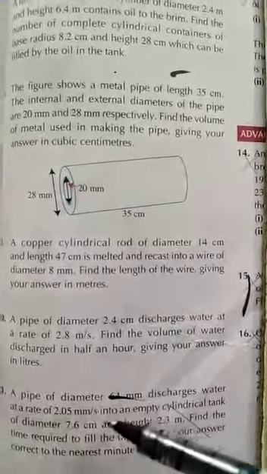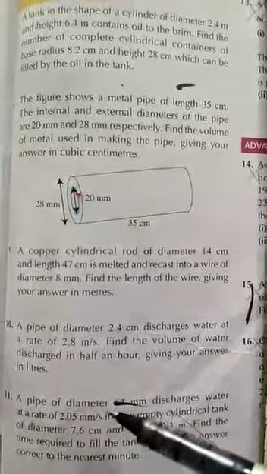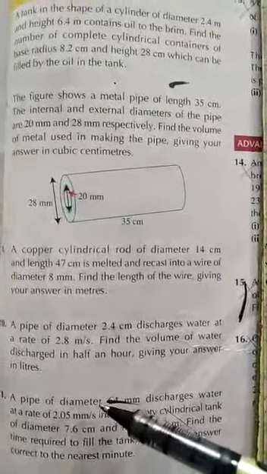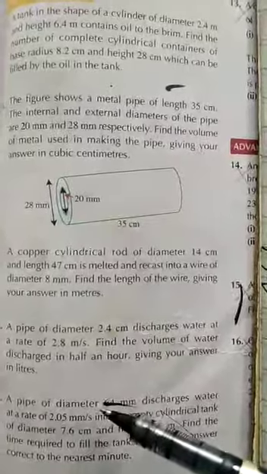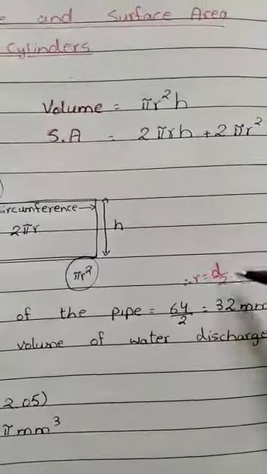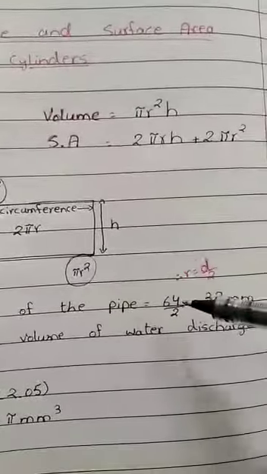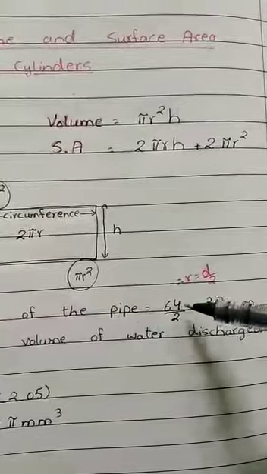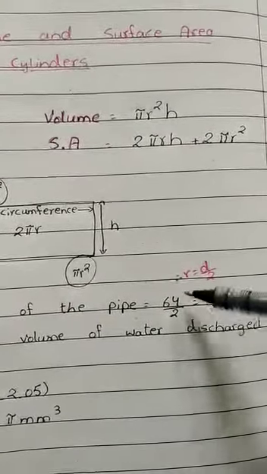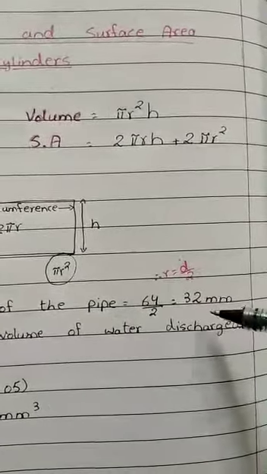First we will find the base radius of the pipe. The diameter is given here. We know the formula that radius is equal to diameter divided by 2. So the base radius of the pipe is 64 divided by 2, which gives 32 millimeters.